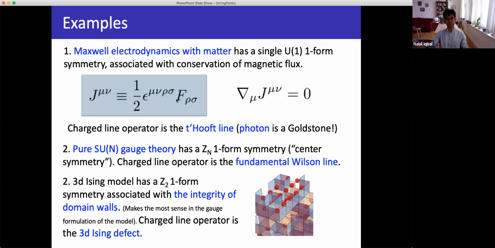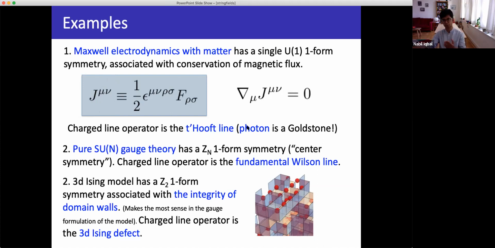Physically, what's happening here is that in normal E&M, magnetic field lines don't end because normal E&M doesn't have magnetic monopoles. So magnetic field lines don't end, and those are strings, right? Magnetic field lines are strings. Because they don't end, they result in a conserved charge, which is this one here, all right? The charged line operator associated with the symmetry is what's called the 't Hooft line, all right?